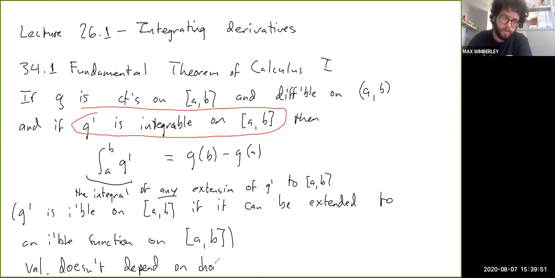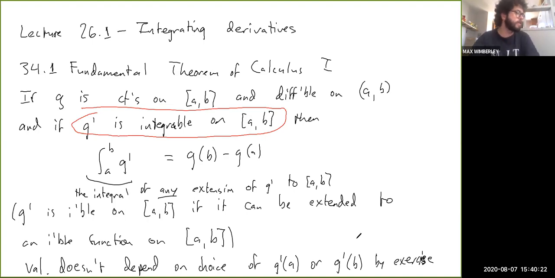I'm not even going to put a tilde over here, I guess you could. It doesn't really matter. I'm just going to erase the tildes, it's excessively pedantic. This is by an exercise, and I think we've danced around this idea a lot by now.